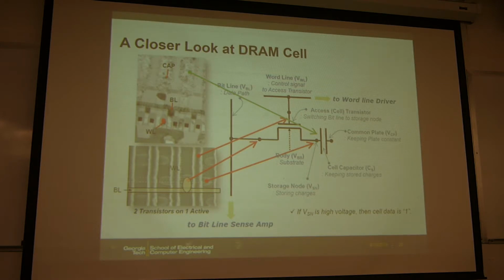And the bit line is here, which is perpendicular to the word line, because the word line is in and out of the plane. And then this is a transistor, and let's say the source or drain connects to the bit line, and the other one connects to this capacitor here.